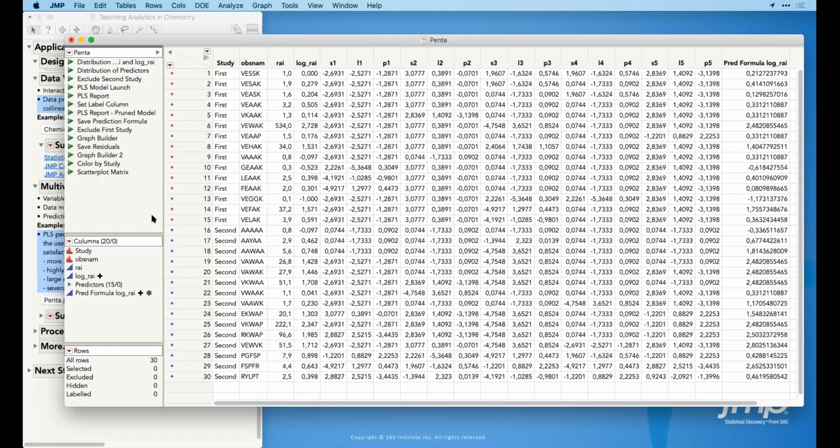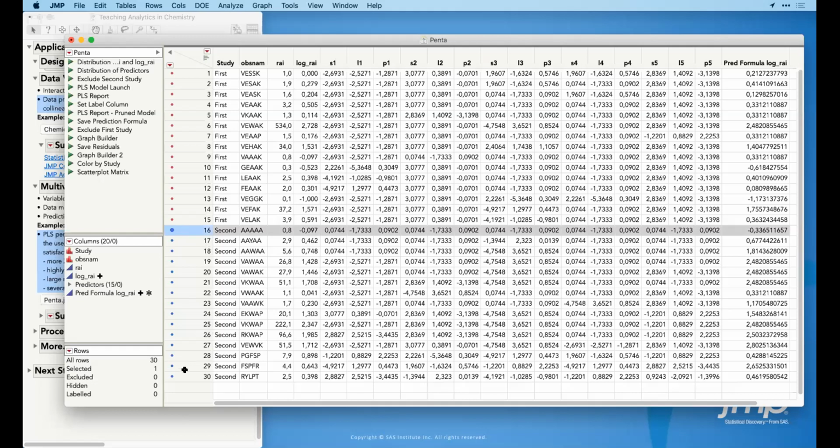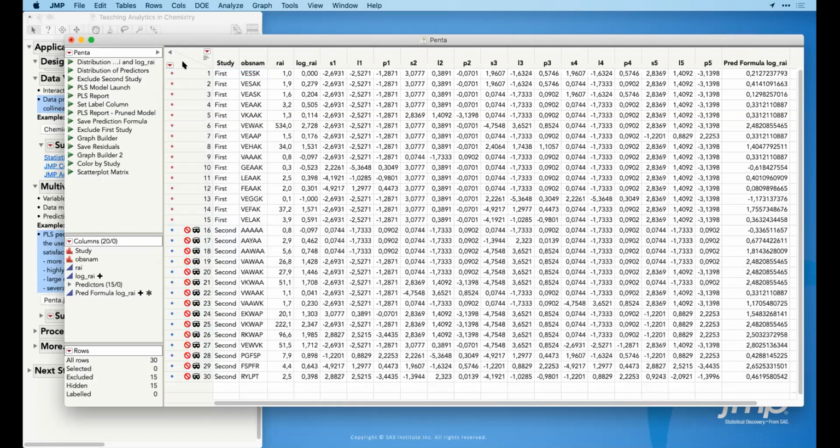The goal was to develop a model from the first study and then also deploy the model for the second study. For the modeling, let me exclude the second study. So now we can do the modeling for the first study only.